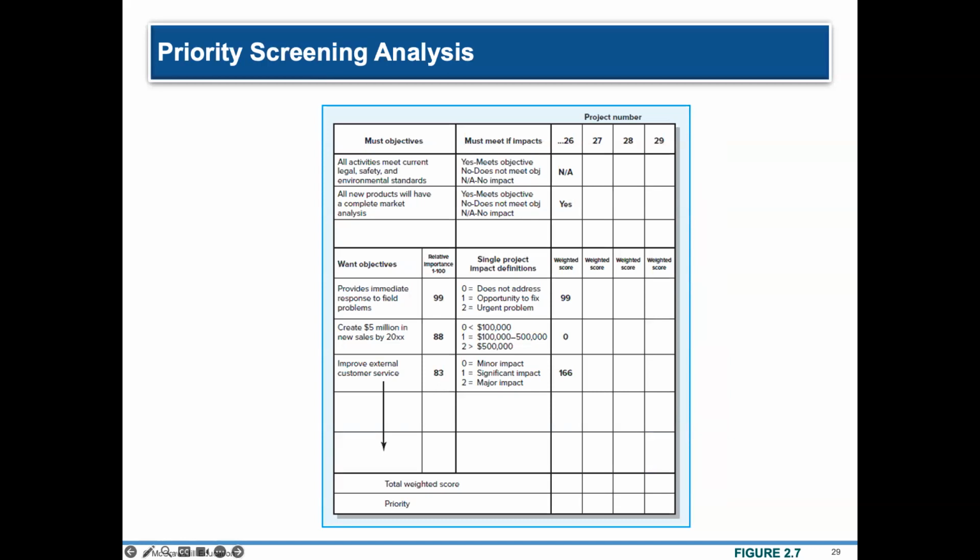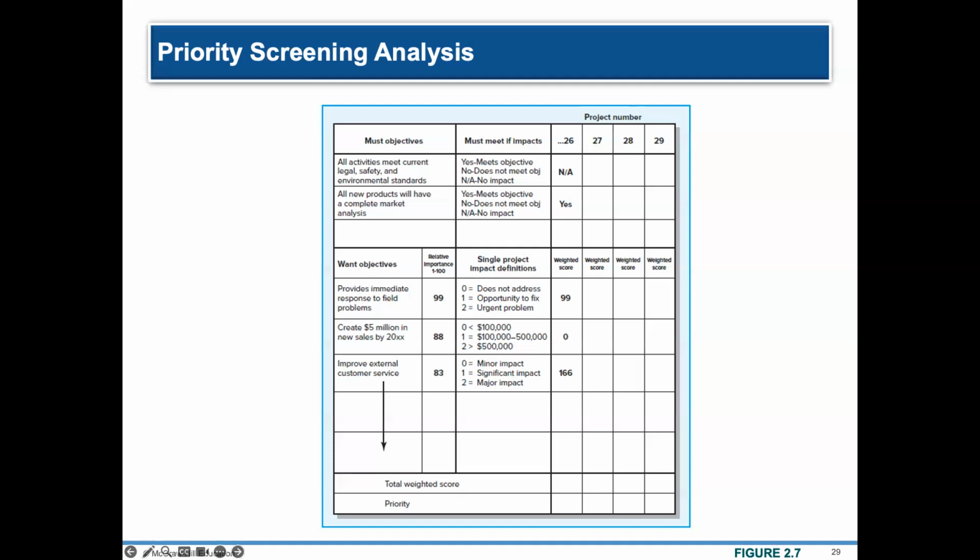The must objectives, meaning ito yung mga non-negotiables mo. And this is the criteria that is the minimum. Ito dapat yung minimum criteria na maaabot nung project mo. And secondly, the want objective. So, ito yung mga nice to haves.